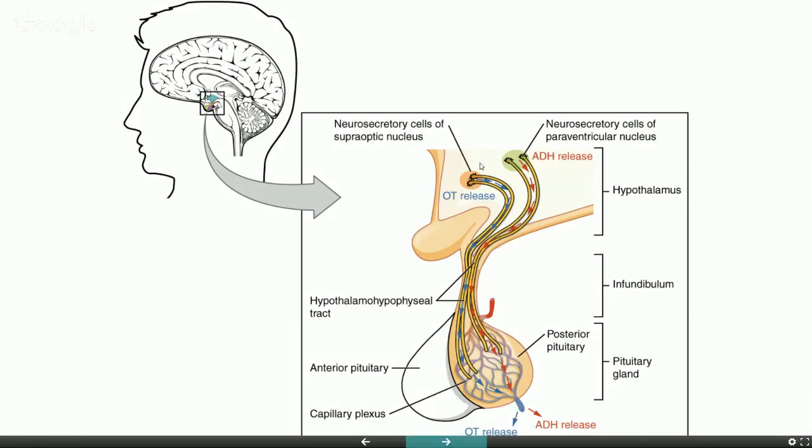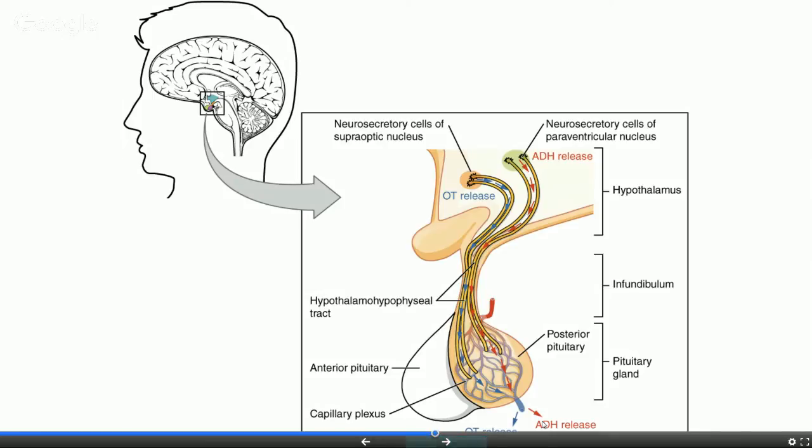Where they would make a synapse with something, instead, the axon terminal ends on a blood vessel and releases the hormone into the bloodstream. One of those nuclei makes oxytocin, and the other one makes ADH, or antidiuretic hormone. We talked about what oxytocin does. It's the one related to reproductive function. Antidiuretic hormone helps to regulate fluid levels. Diuresis means to pass water, i.e. urinate.